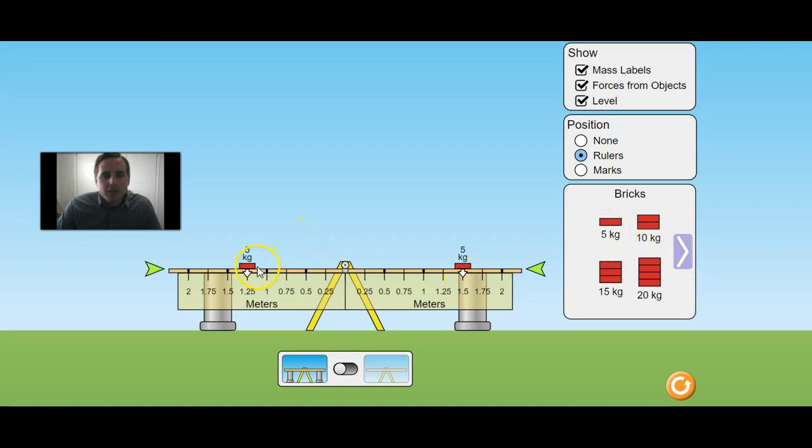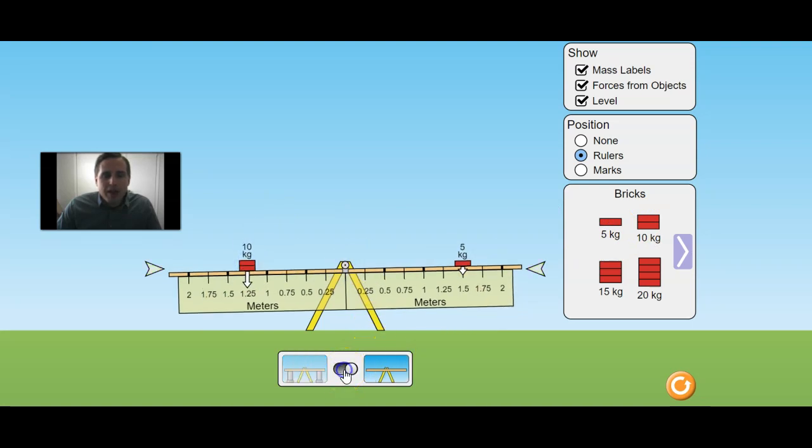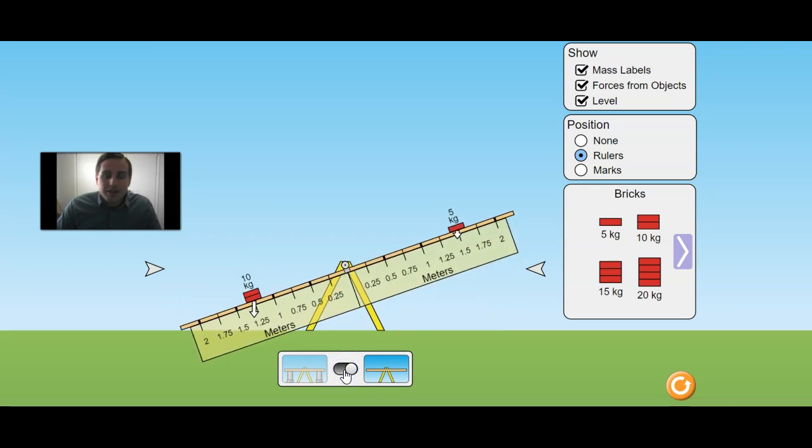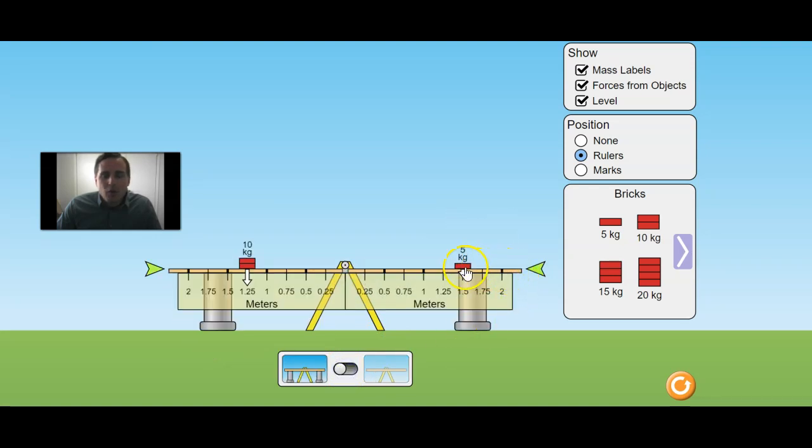So we may ask, what if we use a 10 kilogram block? I think it might actually go the other way. Indeed, it does. So instead of 5 kilograms at 1.5 meters for the radius, we need 10 kilograms at 0.75 meters, and that exactly does balance.